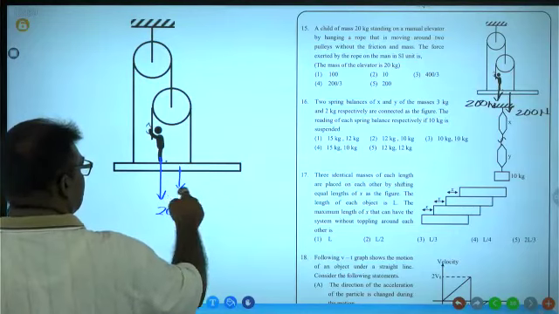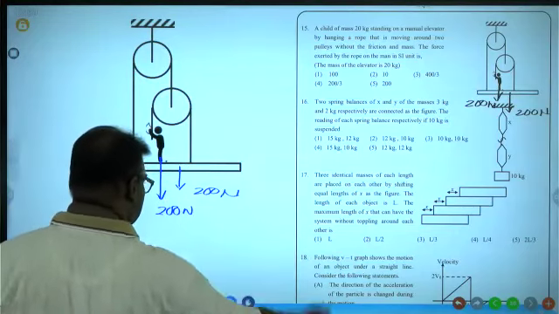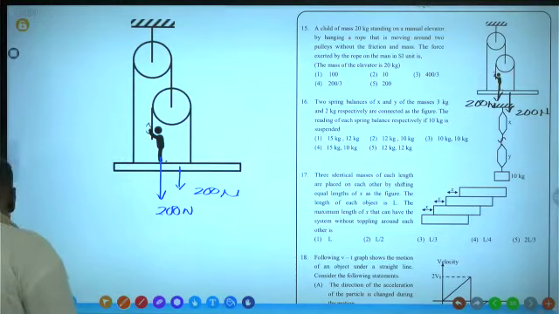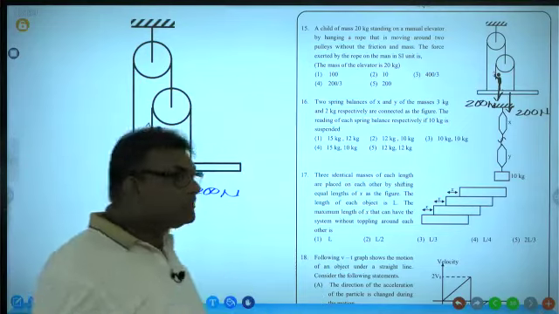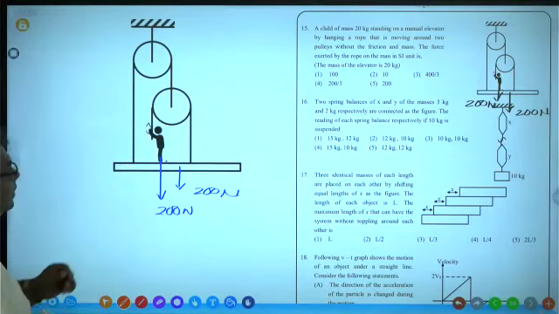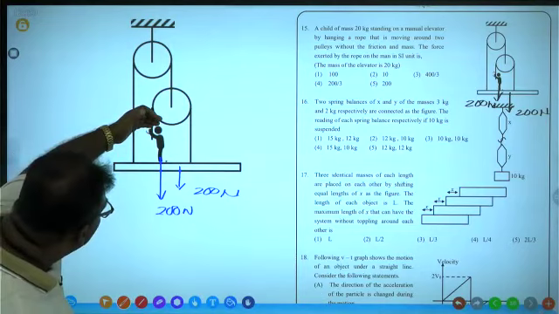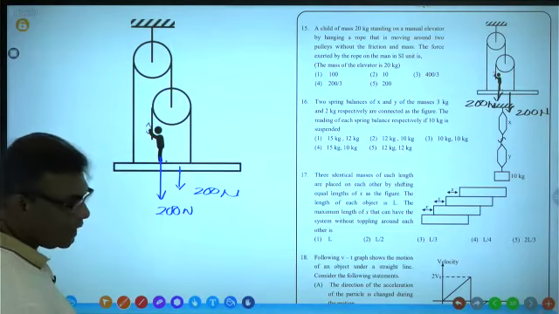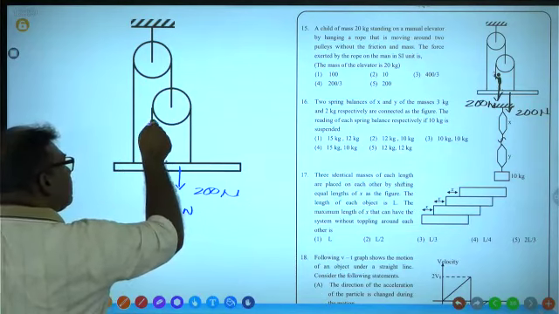Here the plate, the stage, also has 200 Newton. Then they need the force exerted by the rope on the man. Force exerted by the rope on the man. That is the force the rope gives to the man. That is the other side of the force the man gives to the rope.